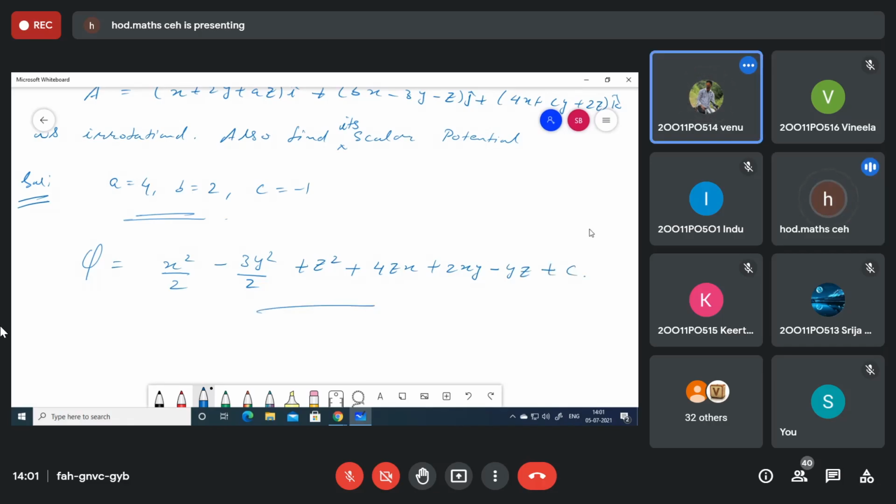So that is the correct answer. What about others? Yes, ma'am. These terms in any order you can write, it doesn't matter. So that's how you solve the problems related to curl.